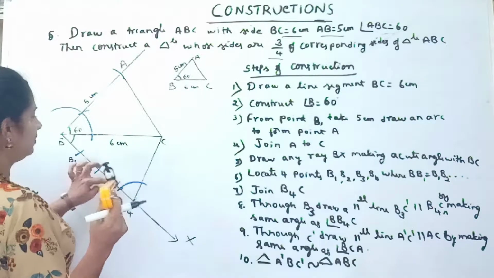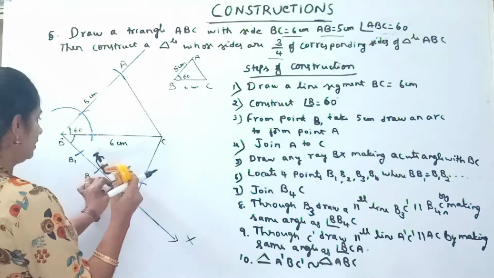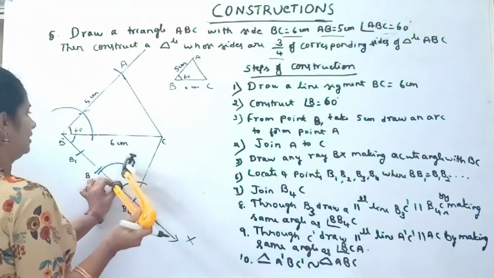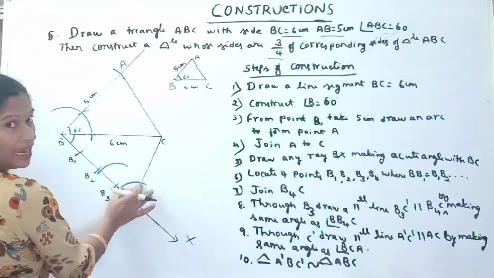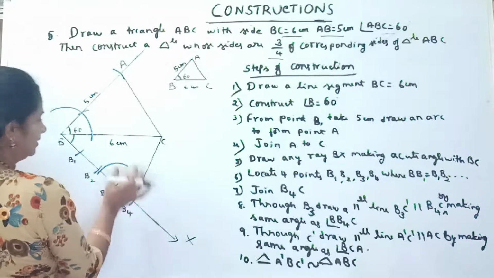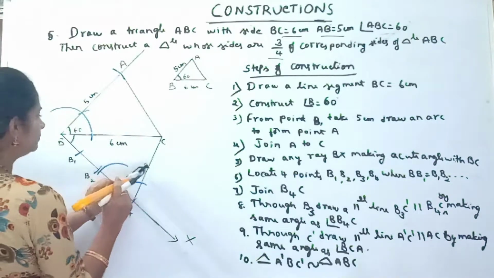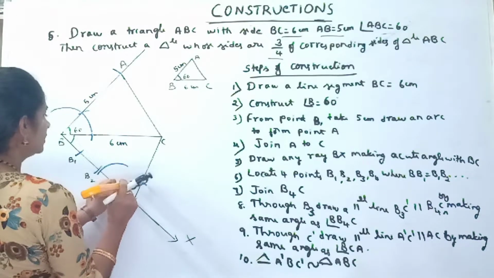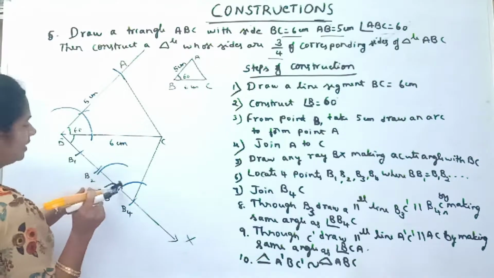Same measurement, keep your compass on B3 and draw another arc like this. Now we have to measure the angle formed between these two lines. Same angle you have to construct at B3 also.